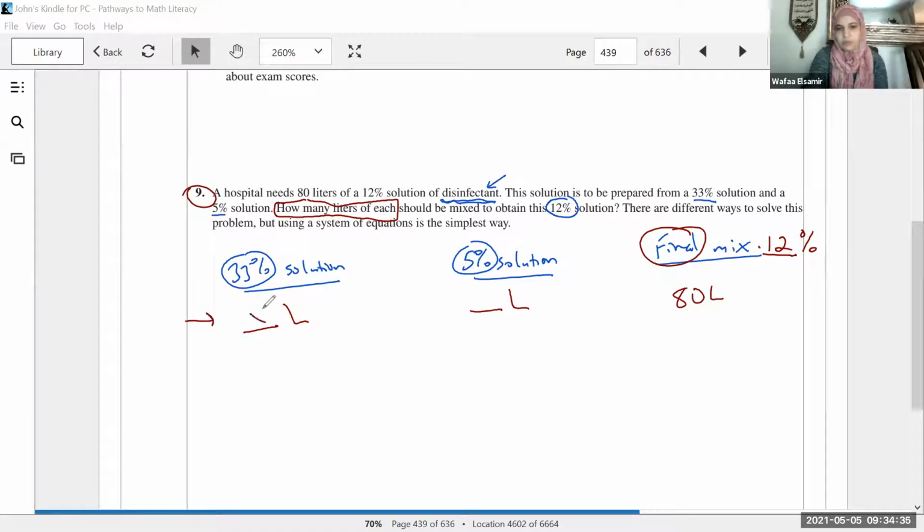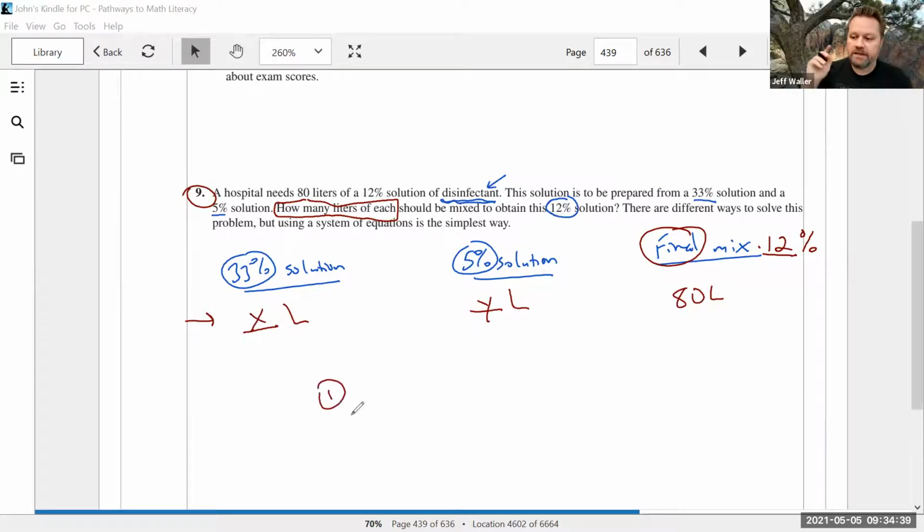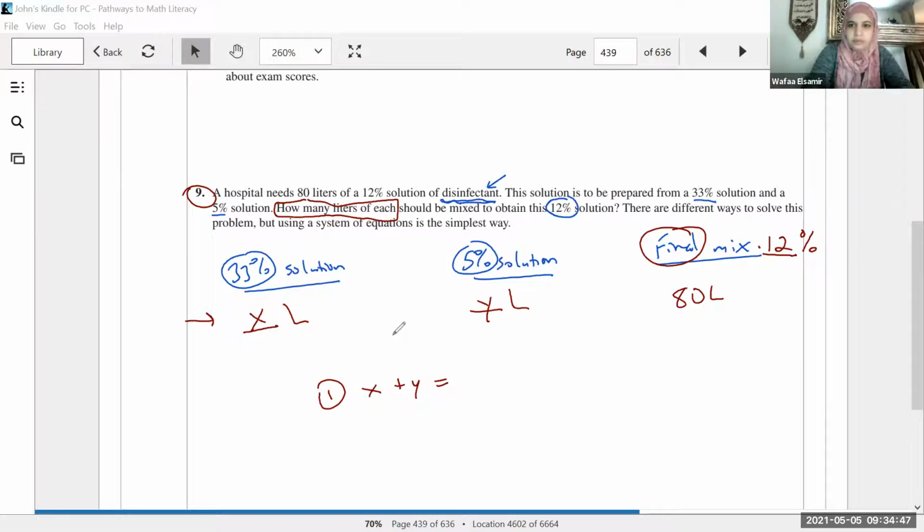X and Y. All right. So look at this very simple equation I can write right now. What must X plus Y be? 80 liters. Is everybody with me? I got X of this plus Y of this has to make the 80 liters total, correct?